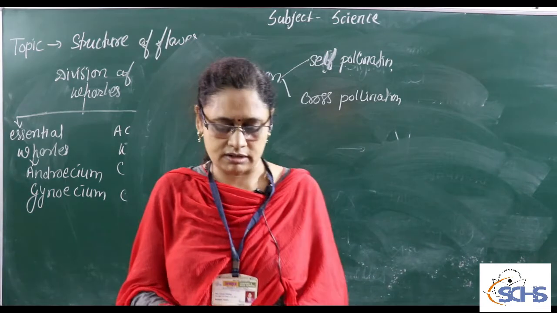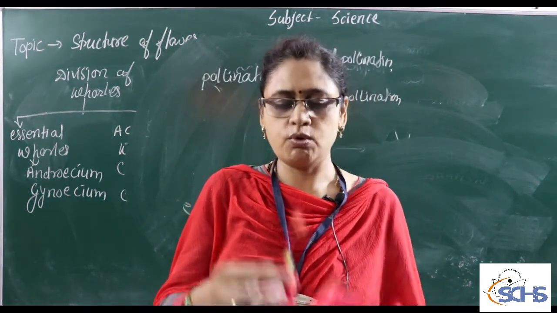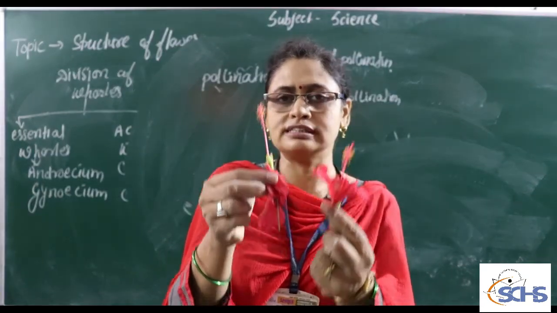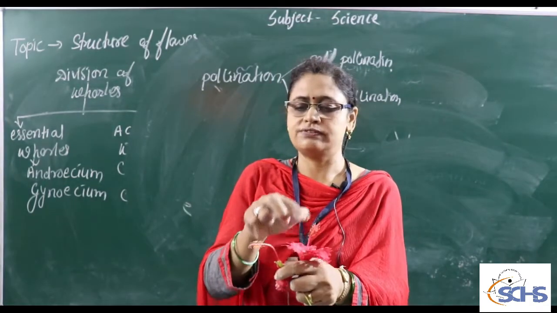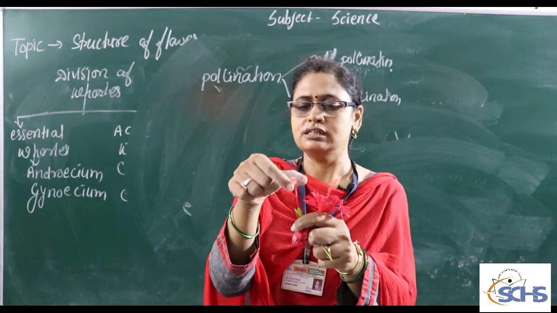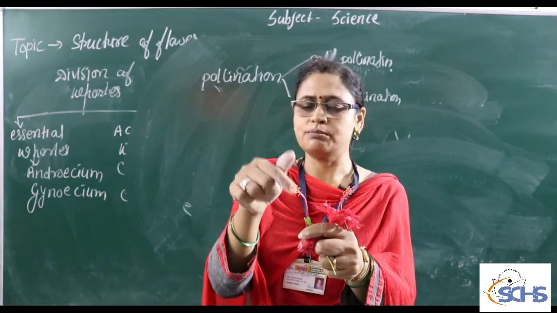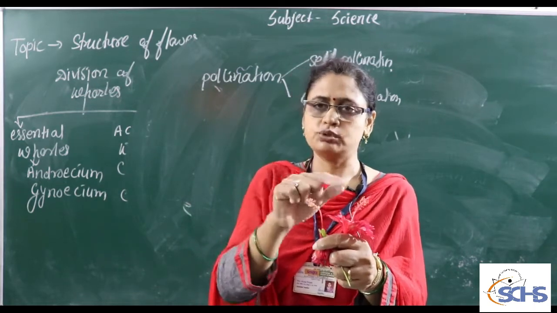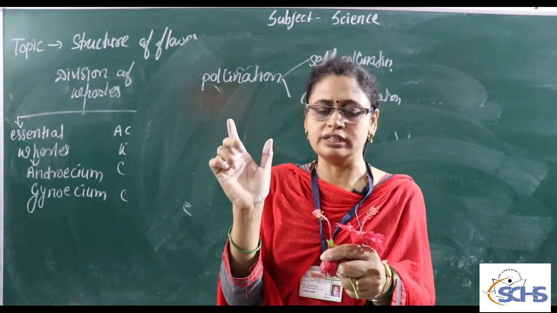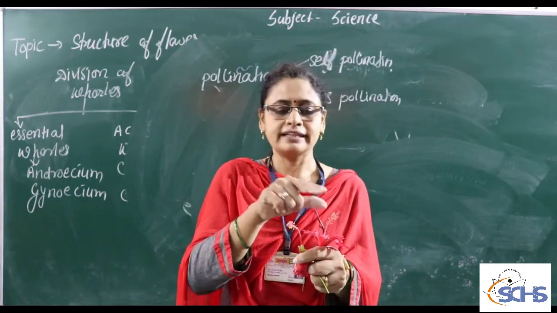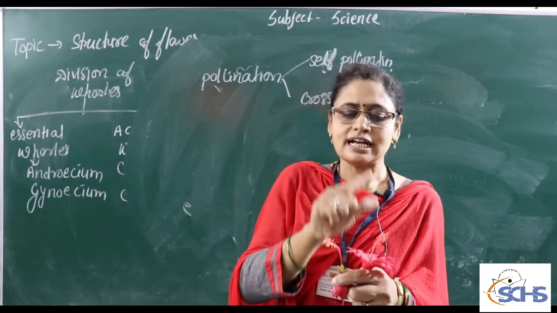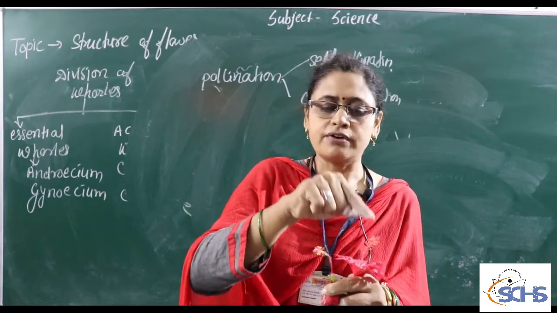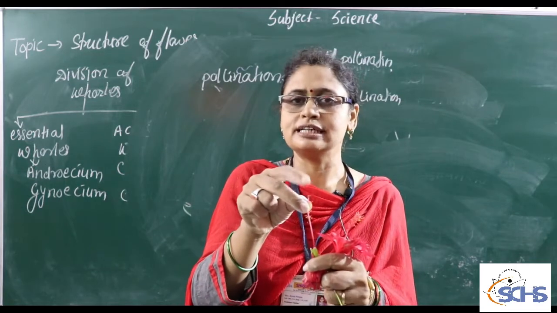If these two flowers, this one and this one, are both born on the same plant, then the pollen from the anther of one flower is transferred to the other flower, and both belong to the same species because both are born on the same plant. First of all, let me explain what pollination is: the transfer of pollen grain from anther to stigma.